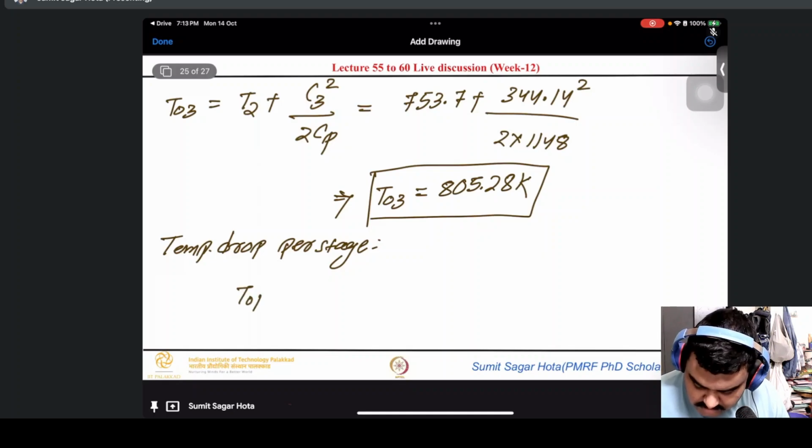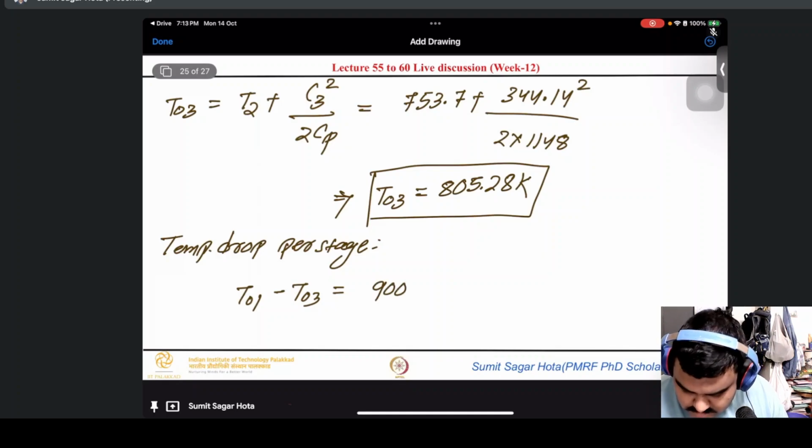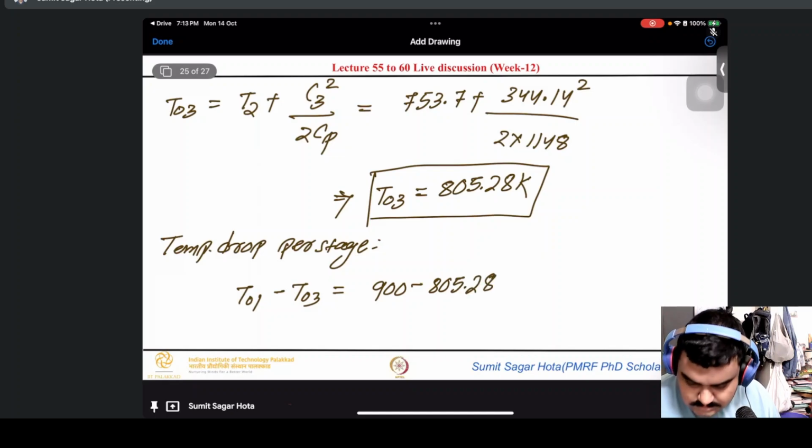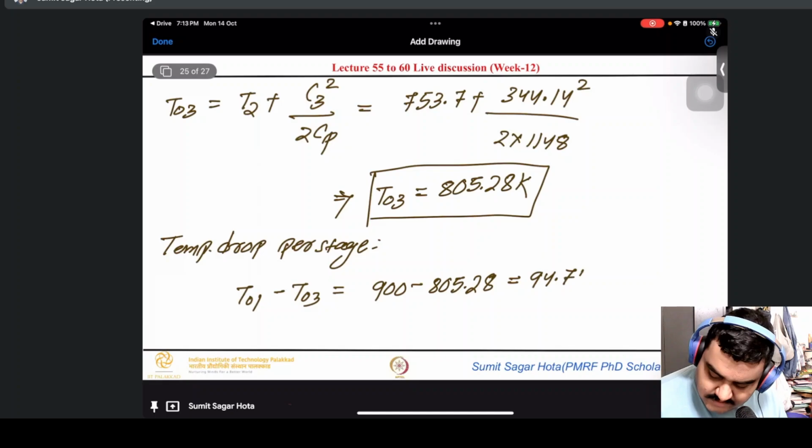So 900 minus 805.28, which is your 94.7 Kelvin.